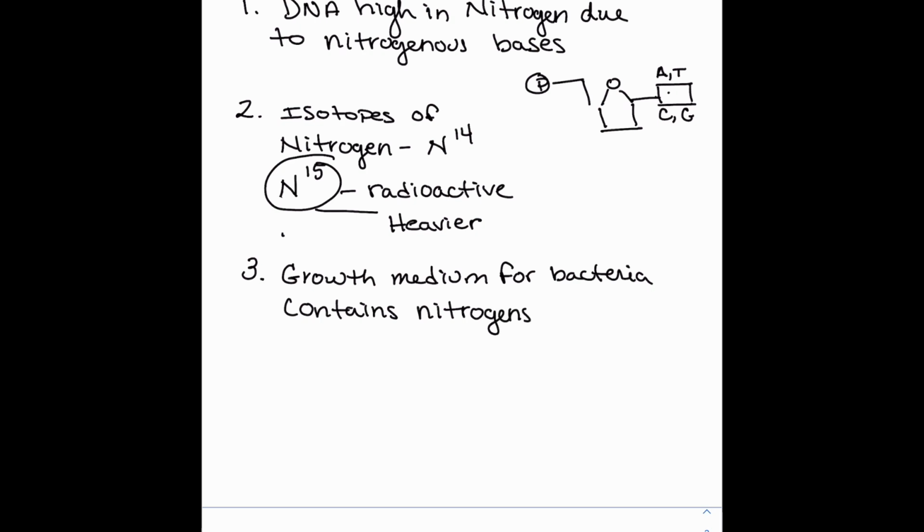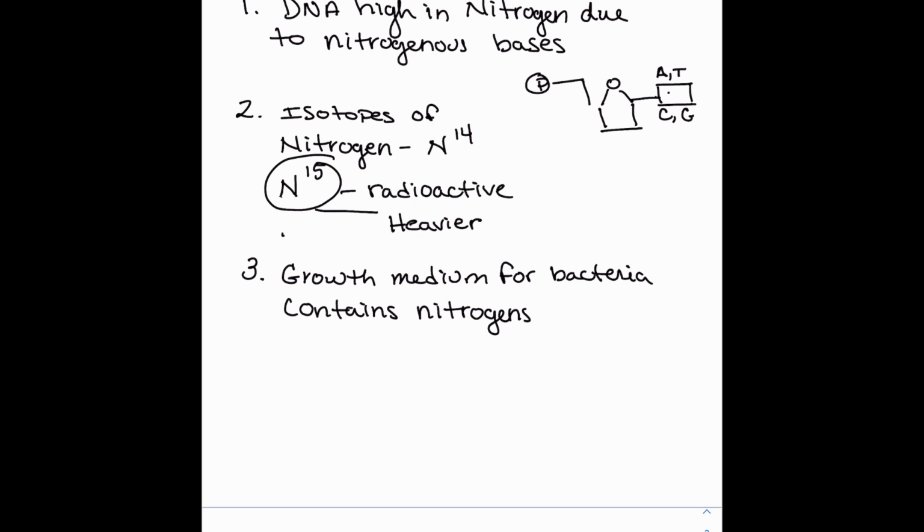Because the bacteria need these nitrogens in order to grow and duplicate. They need to be able to make the monomers of DNA. So of course it would have phosphorus in there, anything that it needed, sugars, anything it needed to make the necessary components for cell division. And one of the things it needs is nitrogens.